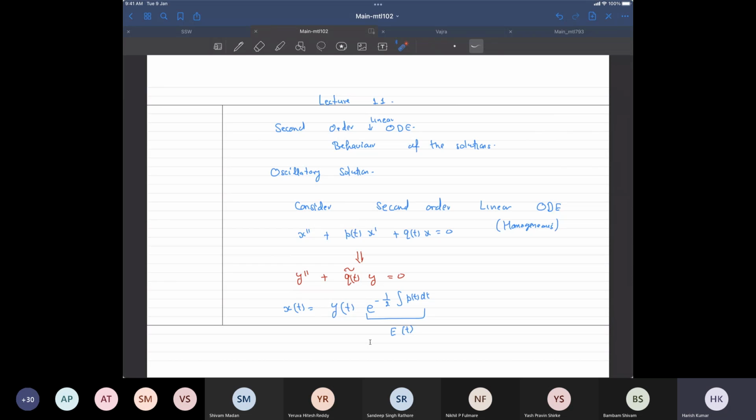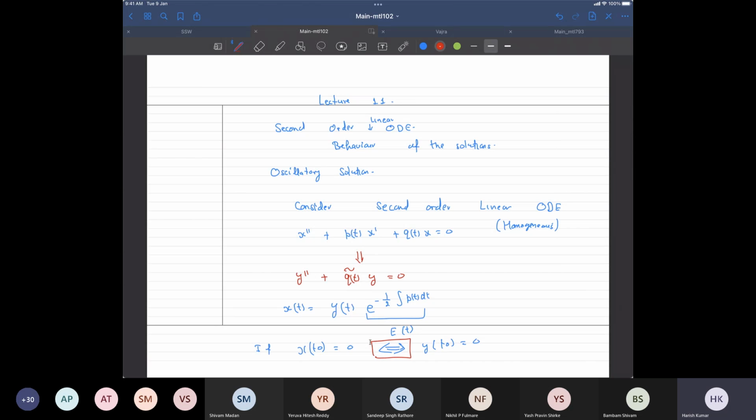The second important thing is that if x of t naught is equal to 0, then this implies y of t naught is equal to 0, and it's a both way implication. This is very important: the zeros of x and y are the same.